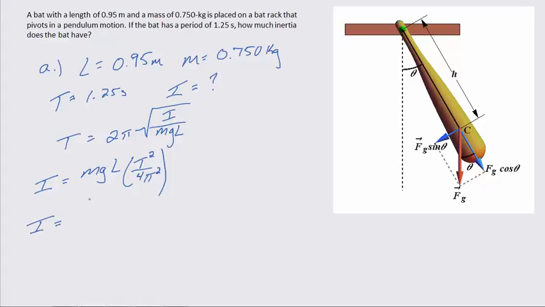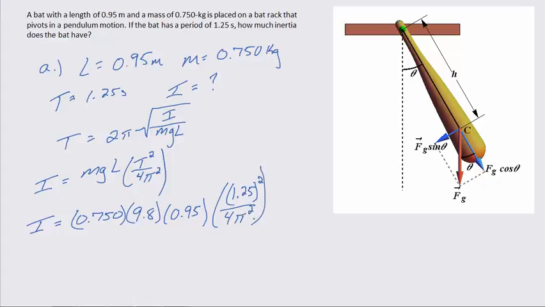So we see that the mass of the bat was 0.750 kilograms with an acceleration of gravity of 9.8 meters per second squared multiplied by our length of our bat of 0.95 meters multiplied by our period of 1.25 seconds squared divided by 4 pi squared.